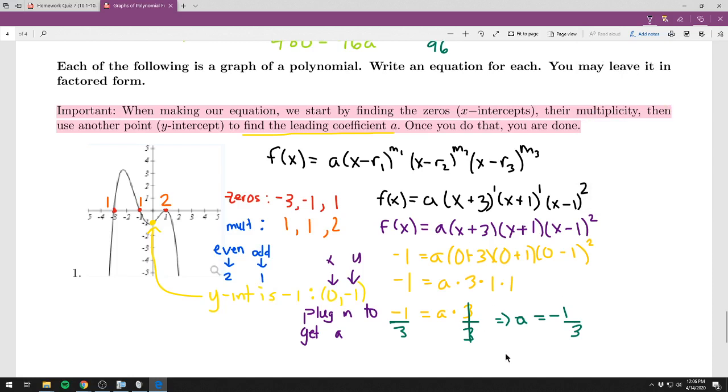And just like last time, once you get that a, you plug it in and you're done. But you gotta plug it in. Got negative 1/3. We got x plus 3. We got x plus 1. And we got x minus 1 squared. I'm running out of room, so let me just actually write that somewhere else.